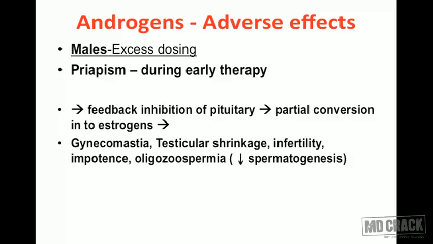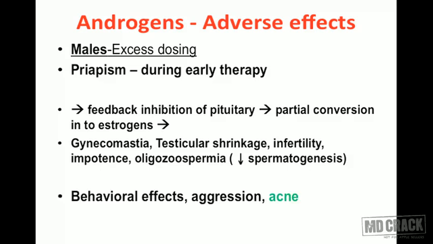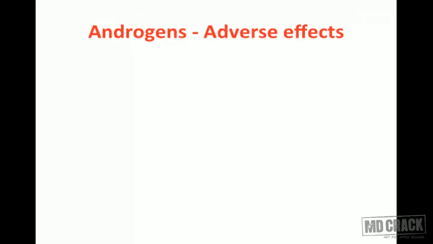And in this male, you can see the effects of gynecomastia, testicular shrinkage, infertility, impotence, and decreased spermatogenesis. Because all the estrogenic effects have started happening in this male. So this happens if androgens are given in excess dose in the males. Lastly, they produce behavioral effects, they produce aggression, and these drugs can also lead to acne.